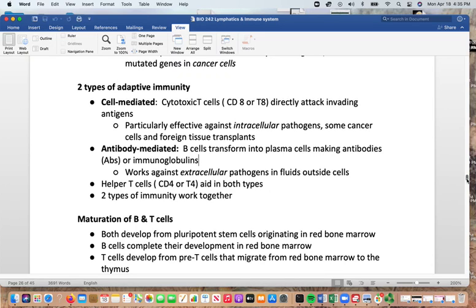Antibody-mediated will involve the B cells forming plasma cells. These can make your antibodies or immunoglobulins. These work best against extracellular pathogens or in fluids outside of cells. They're going to rely on T helper cells. Both of them actually use the T helper cells, and the two types of immunity can work together.